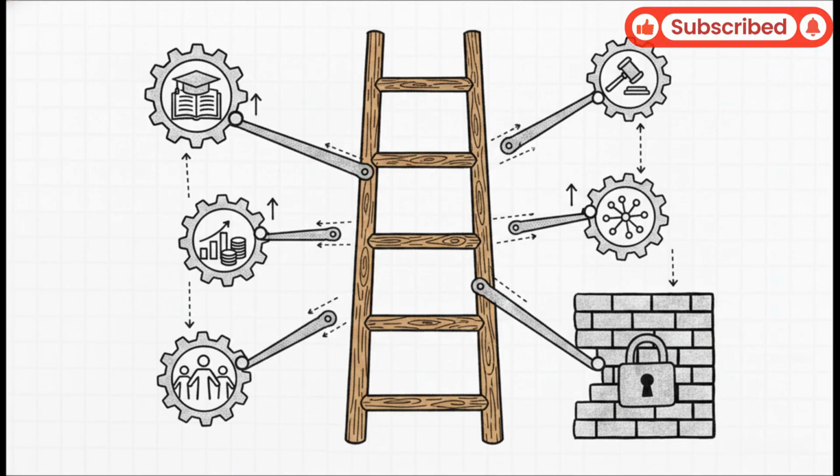Public policies play a huge role, like access to grants or affordable housing. And let's not forget social networks. Often, it's not just what you know, but who you know. Finally, and unfortunately, discrimination remains an incredibly powerful negative factor that can actively block upward movement regardless of how hard someone works. These are the real levers operating the invisible ladder.